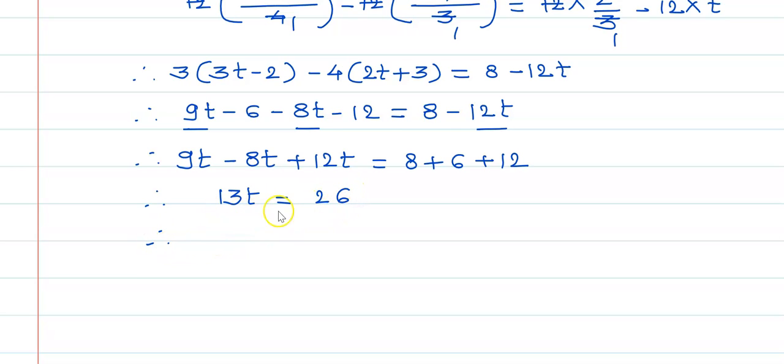Now we want to find out the value of t, as 13 is multiplied with t. When we transpose to the right hand side, it will become divided. Therefore t is equal to 26 upon 13.